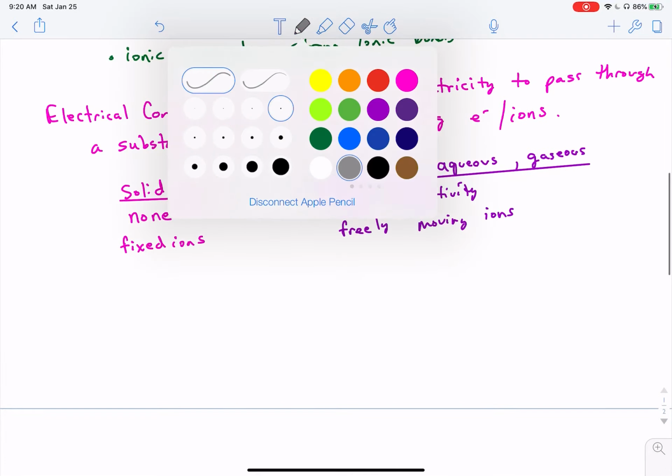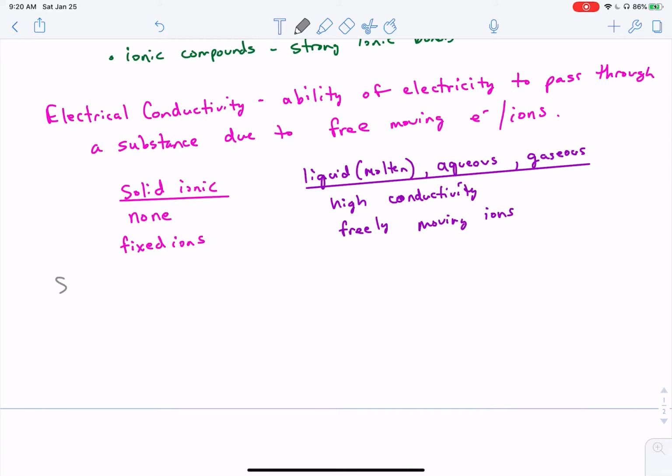The last characteristic that we're going to focus on is solubility. And for our purposes, we're going to focus on solubility in water. Okay. Now, we don't need to know all the solubility rules. We don't need to know like which ones dissolve or not.